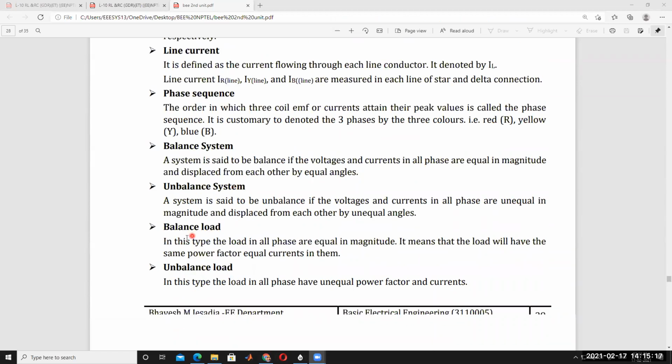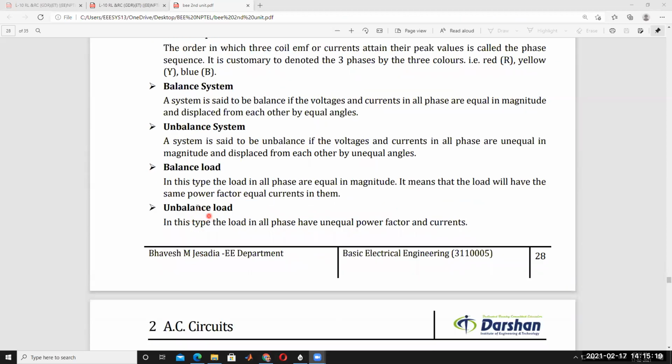Then balanced load. In a balanced load, the impedances of the load in all phases are equal in magnitude. It means the load will have the same power factor and equal currents in them.